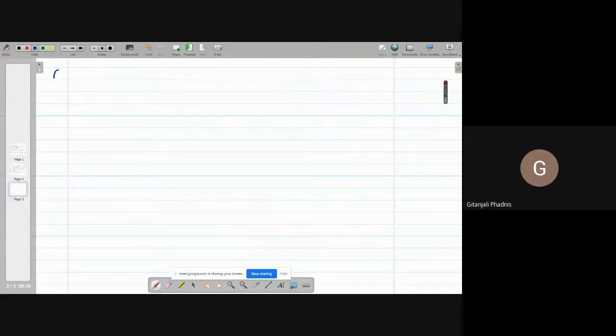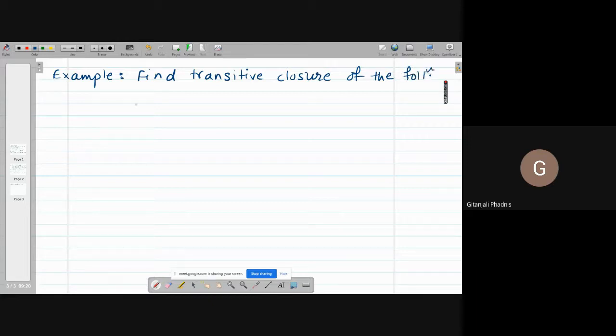Okay. So example: find the transitive closure of R of the following relation using Warshall's algorithm.